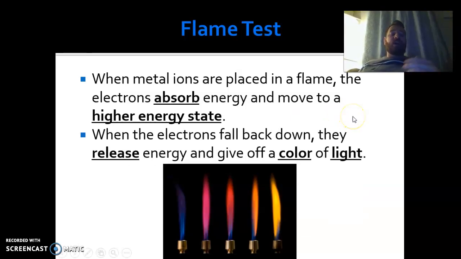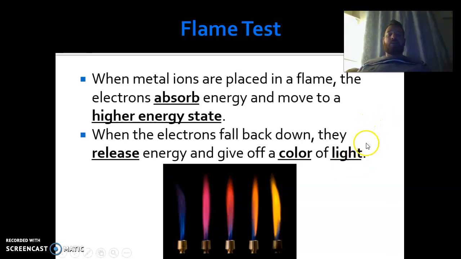And then almost simultaneously, because we do not see this process happen slowly, it happens at the same time for us. But when the electrons fall back down, they release an energy and they give off a color of light. And this might be why you see different colors for fireworks, or maybe you've bought one of those packs of salts that you can throw in your fire pit to make it look like it has different colors.